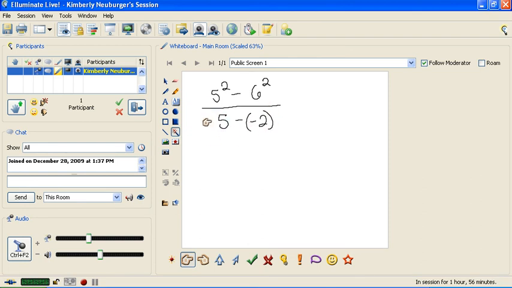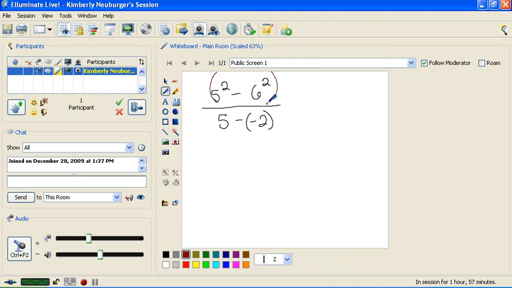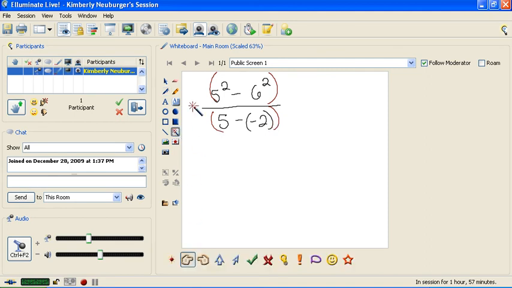So we're going to have to treat this as if it was also in parentheses. If it helps you to insert parentheses around the top of your expression and the bottom of your expression to remind yourself that this fraction bar, which means divide, also is grouping these as if they were in parentheses, then by all means feel free to do so.